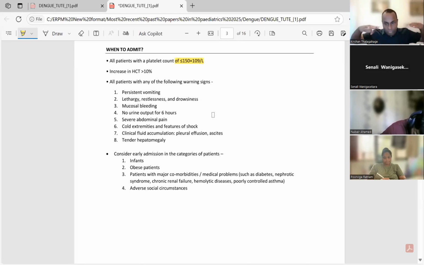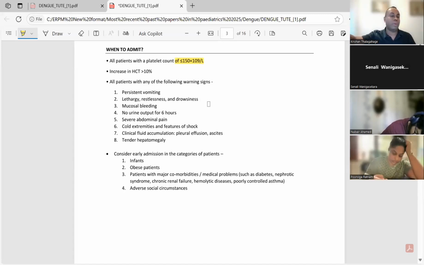If the hematocrit has gone up by 3.5, that is a 10% increment. Was that understood? 35 plus another 3.5 is 38.5. If that is the case, you will admit.